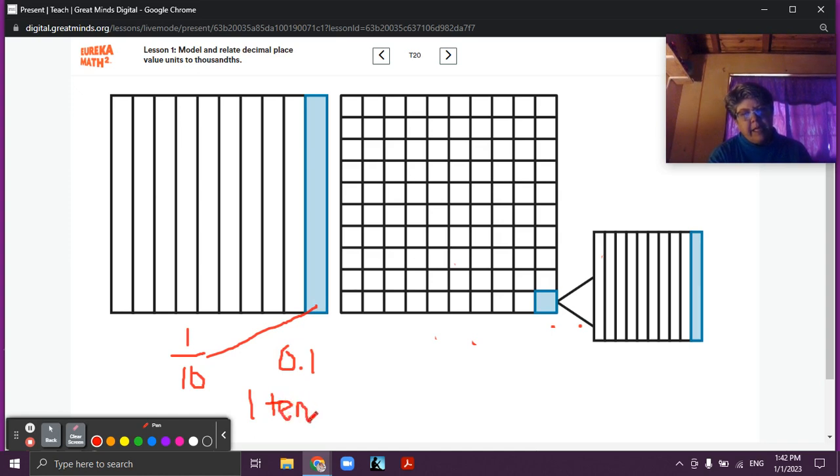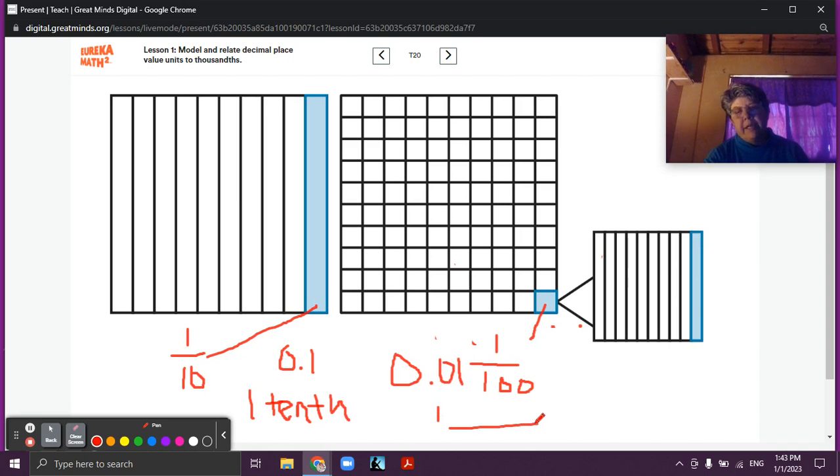Very good. And then if we look at our next area model, it also represents 1, and our little blue section here now is 1 out of 100, right? And we just talked about the 3 ways to write it: as a decimal, as a fraction, and as a unit form. So unit form would be 1/100th, right?